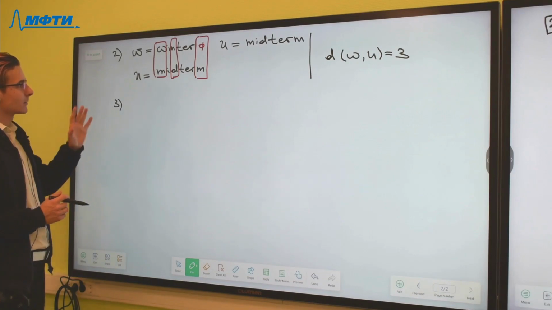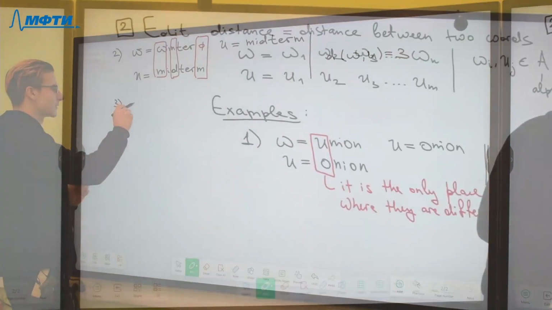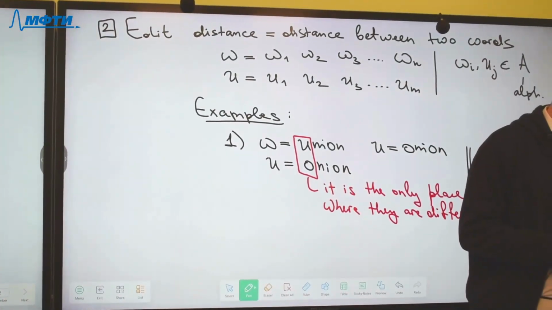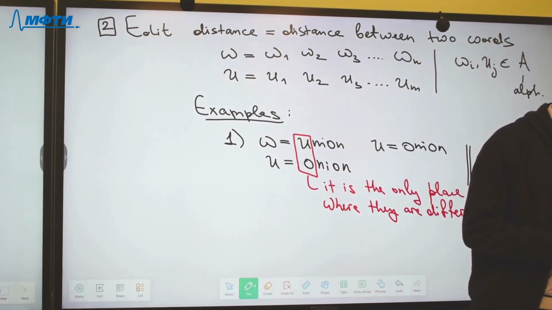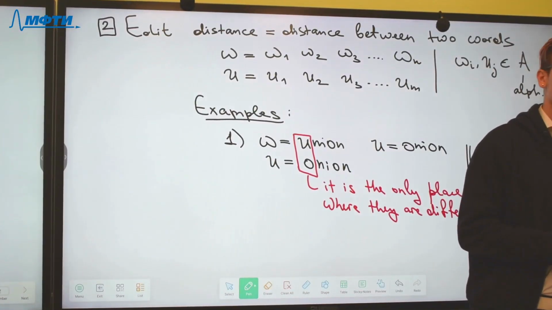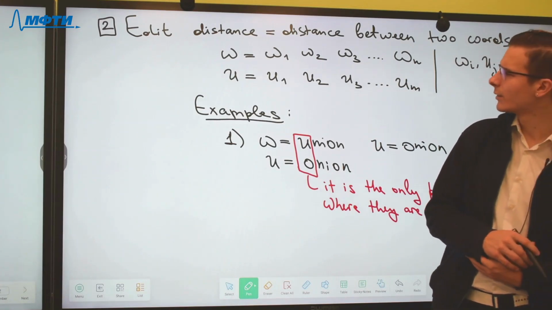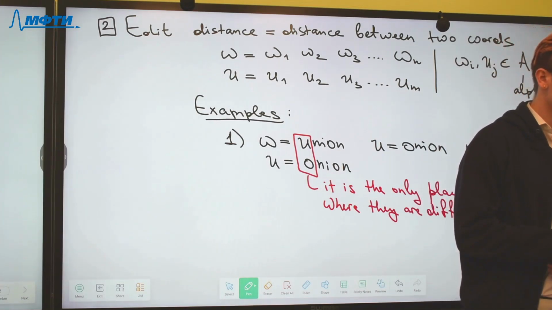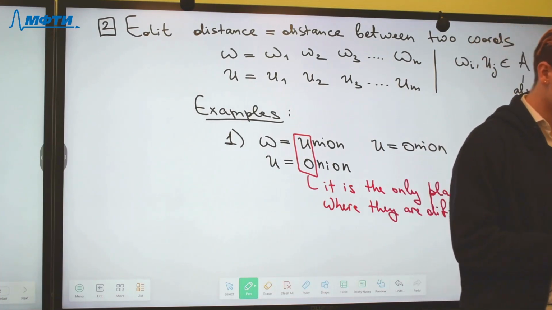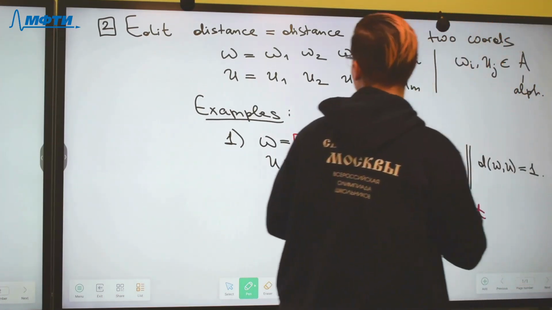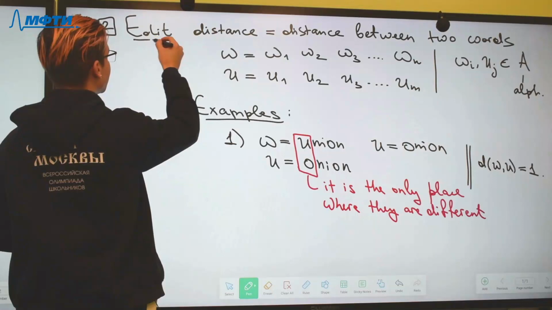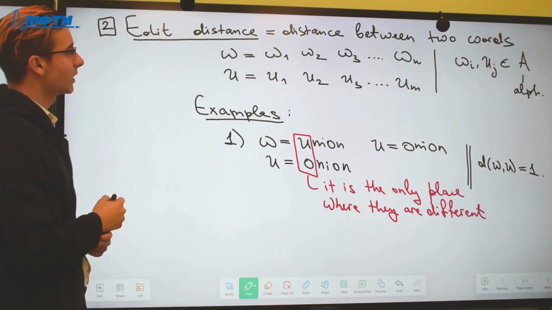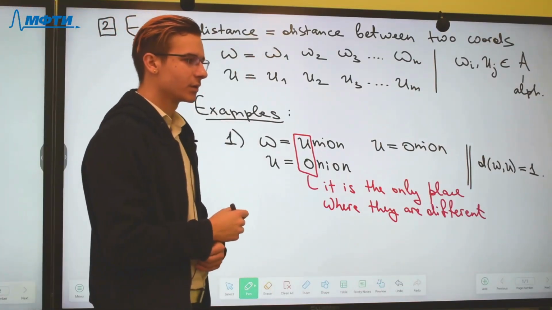So about other examples. I don't remember what it's called, but I think it's the Levenshtein distance between two words. In most books, you can find this task as edit distance between two words.